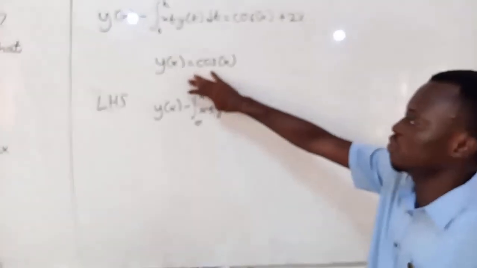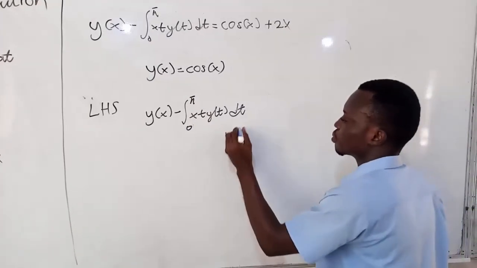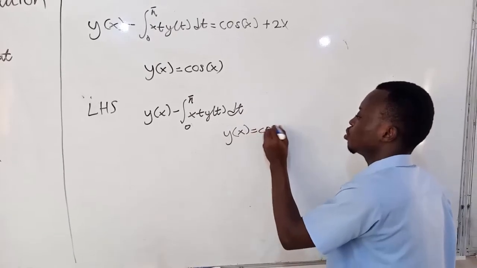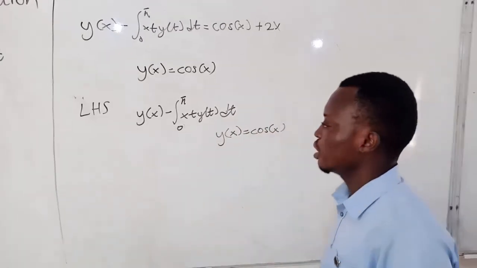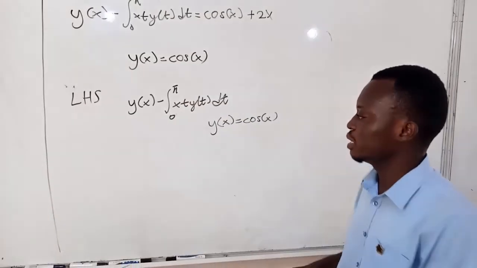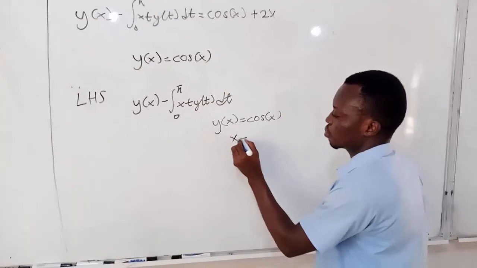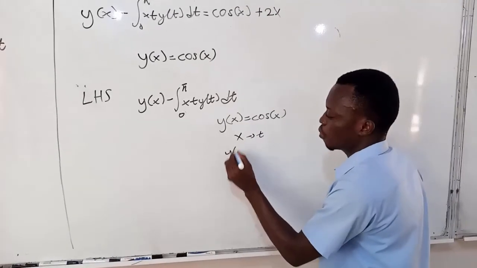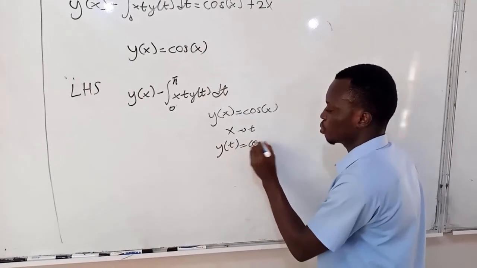And the function is given as y of s, which is equal to cos s. Since the unknown function appears under the integral sign, which is y of t, let's interchange the s to t's. And we are going to have our y of t to be equal to cos t.